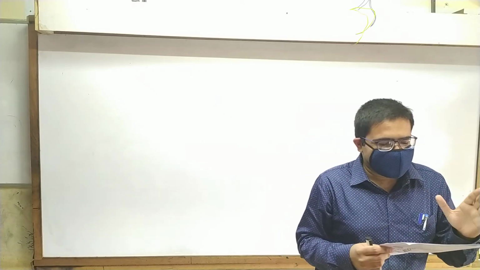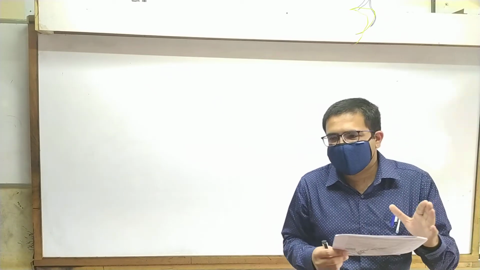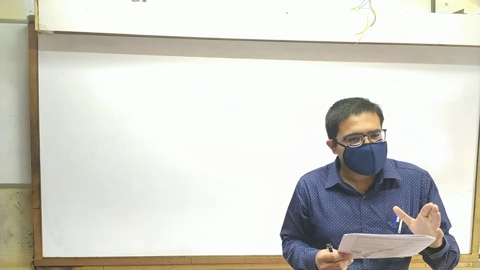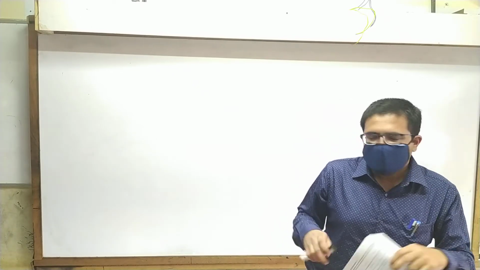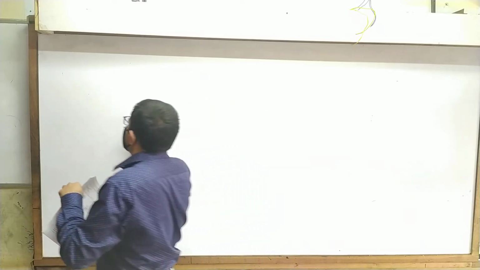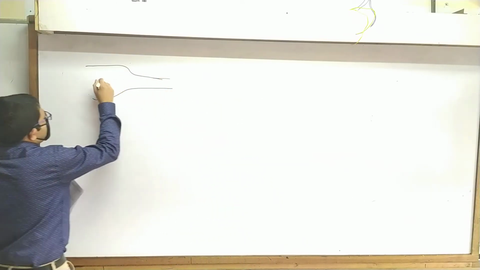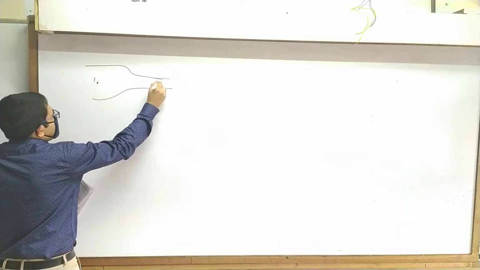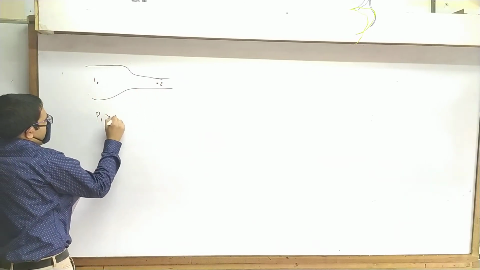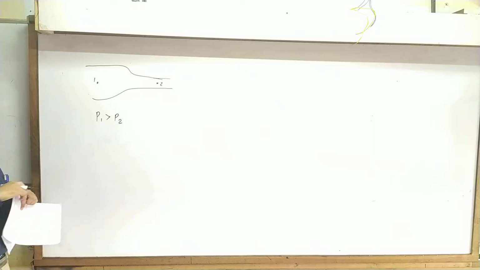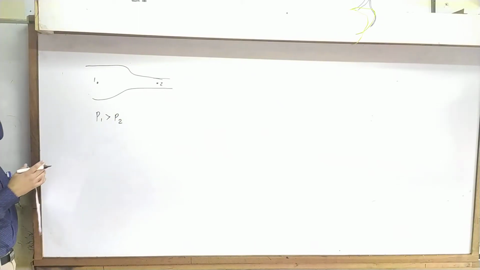So that's exactly the idea which we are talking about. When it flows in a pipe, let's say it is like this, the pressure at the first point should be greater than the pressure at the second, isn't it? That's what we have been discussing earlier, right?